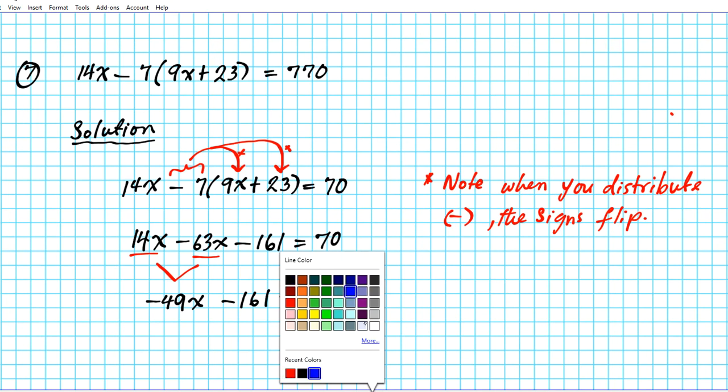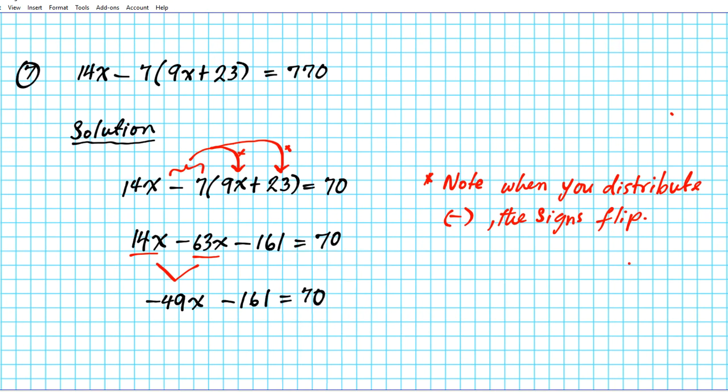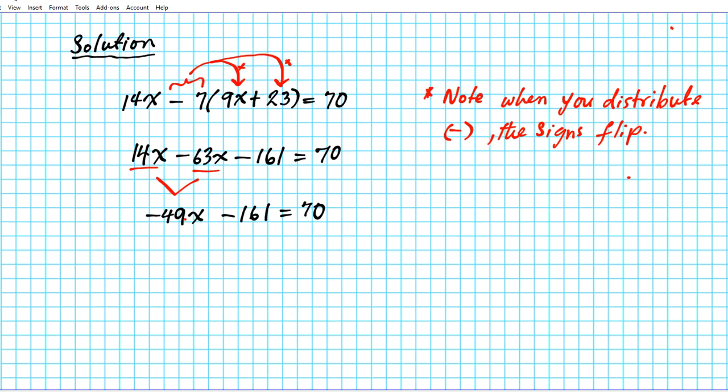And then we're going to proceed to get x isolated. This can be accomplished in 2 steps. You get rid of this 161 by using the inverse. You add 161. And this is being multiplied by x, so we divide by negative 49 to get x by itself. Alright, let's carry out the process.